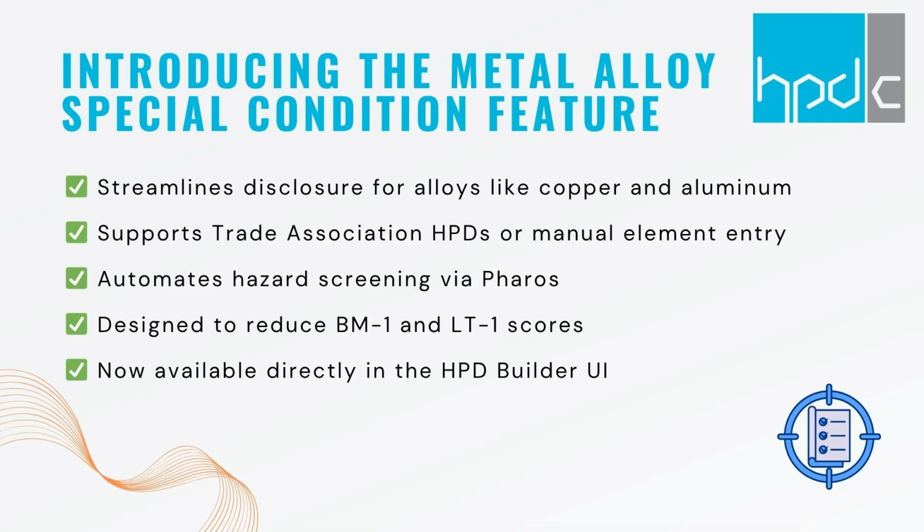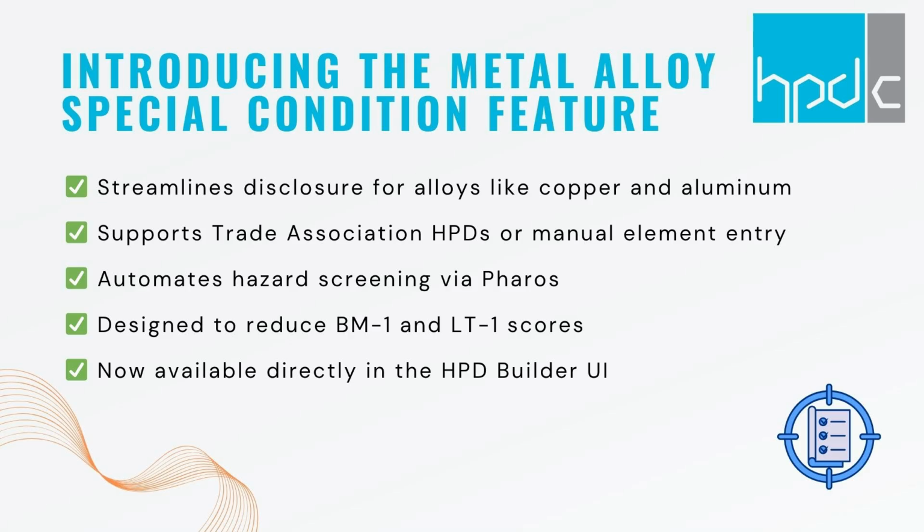This new feature within the HPD Builder streamlines how we disclose metal alloys such as copper and aluminum. Key benefits include simplified disclosure, especially for frequently used alloys, support for trade association HPDs or manual entry of alloy components, and automated hazard screening using the Pharos tool, ensuring alignment with health-based benchmarks.